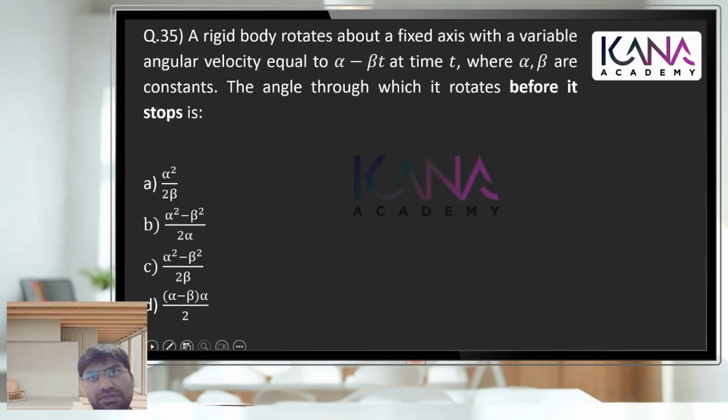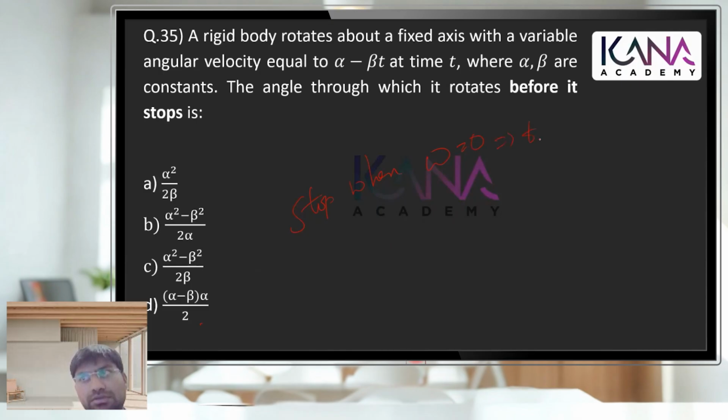Okay, next question. There is an equation for angular velocity. You need to find the angle rotated before stopping. It stops when omega is 0.